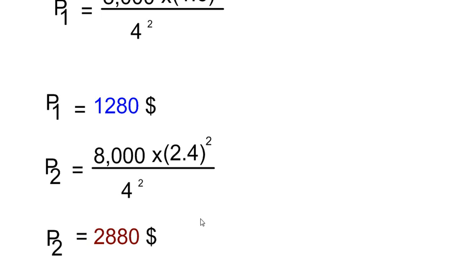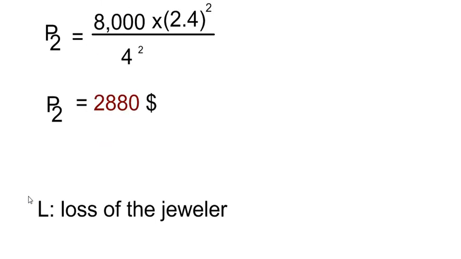So the old price of the diamond was 8,000, and the new diamonds cost P1 is $1,280 and P2 is $2,880. So the jeweler has a loss. Let's calculate the loss of the jeweler.